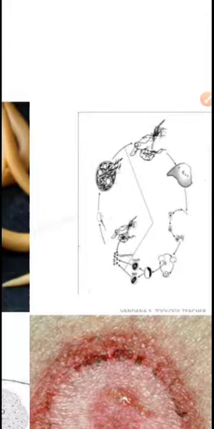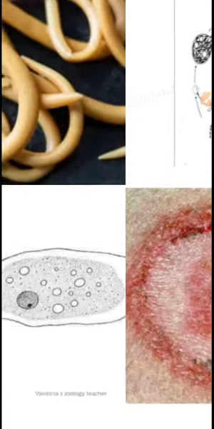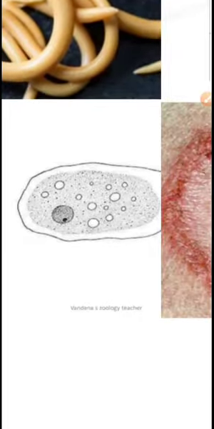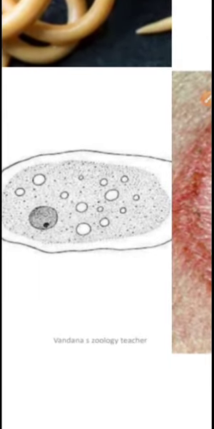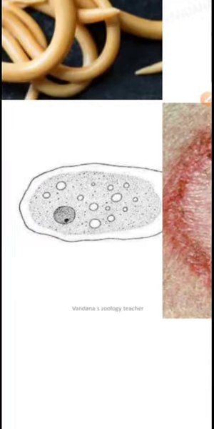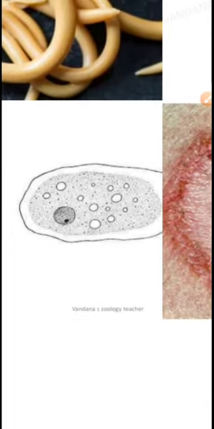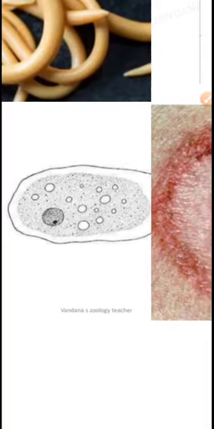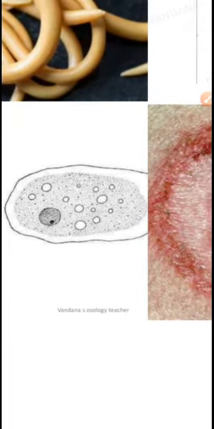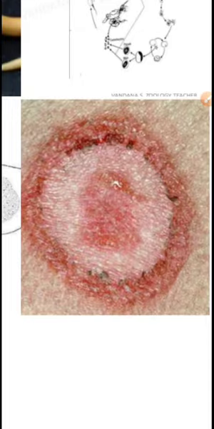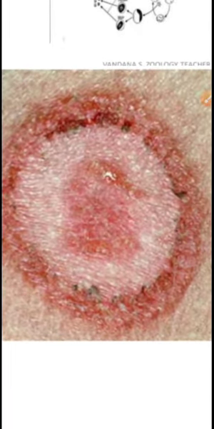Then second one is Plasmodium, and this causes malaria, and the symptoms are high fever, chill, shivering, etc. Then third one is Entamoeba histolytica. Disease caused by it is amoebic dysentery or amoebiasis, and symptoms are diarrhea or loose motion, stomach pain, etc. And this one is Microsporum.